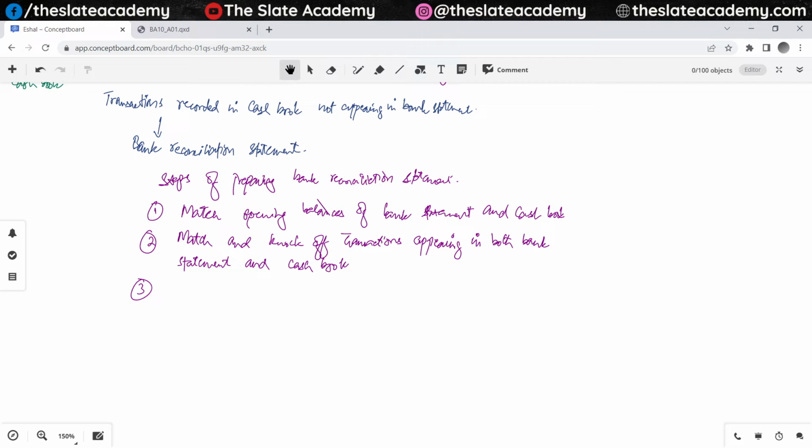So for these transactions appearing in the bank statement and not in the cash book, record them in the adjusted slash updated cash book.